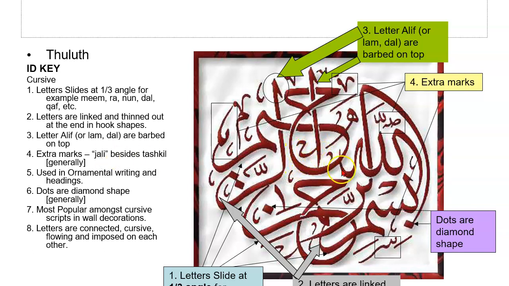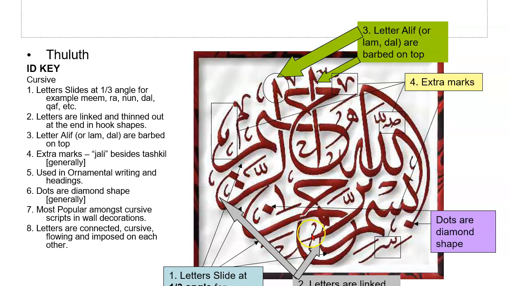These are added things that are put in there. Some of them actually don't mean anything. For example, there's just a pattern right here. Okay, extra marks are there. Number 4, you could see it. And they are there to cover up white space and to beautify and have a pattern in the calligraphy.